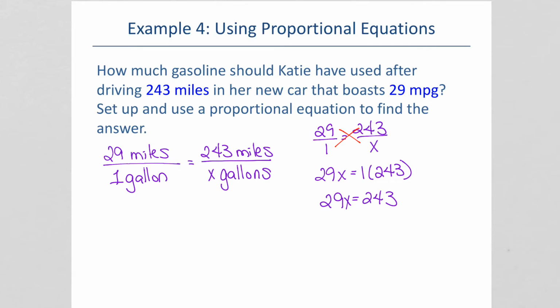It's being multiplied by 29. So to get rid of multiplication, we divide. So we'll divide both sides by 29. 243 divided by 29 is approximately 8.38 gallons. That's how much gas she has left after driving 243 miles.